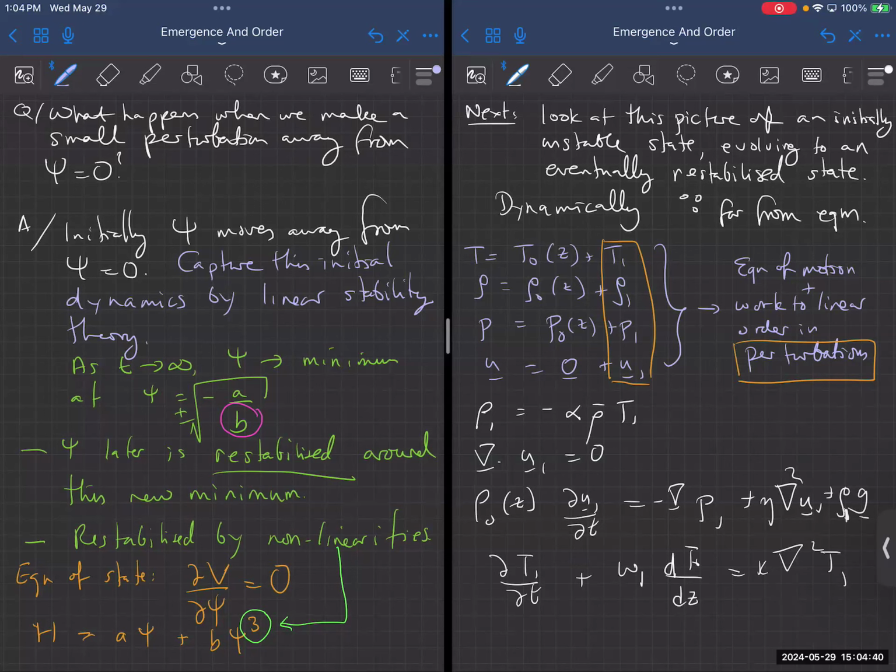So those are the equations, and I've written that the perturbation U is equal to U1, V1, W1.